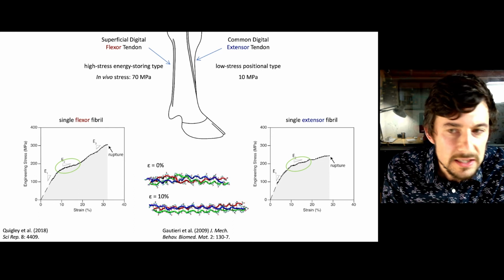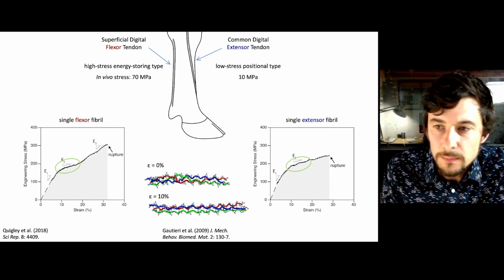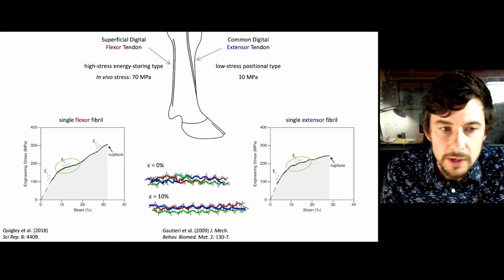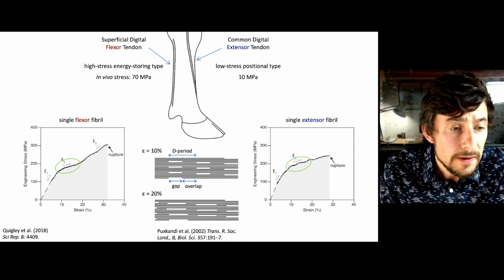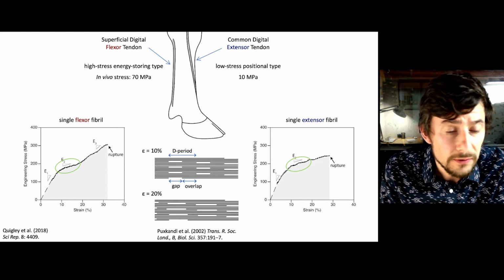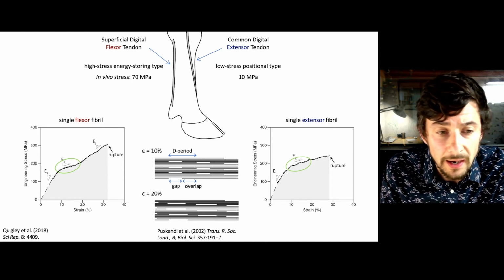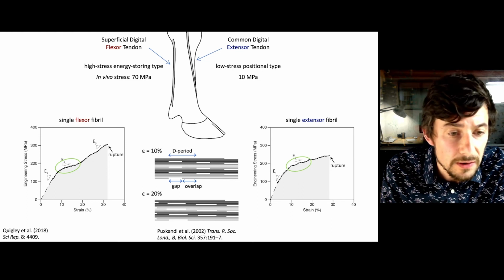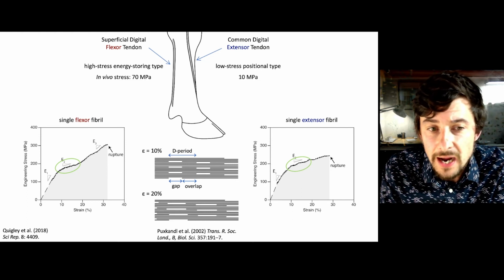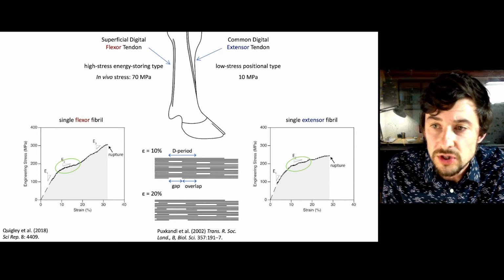Now, from 10 to 20% strain, both fibril types again behave similarly to one another. And knowledge of what goes on within the fibrils in this range of strain is given by X-ray diffraction evidence showing that extension here is dominated by sliding between adjacent collagen molecules.